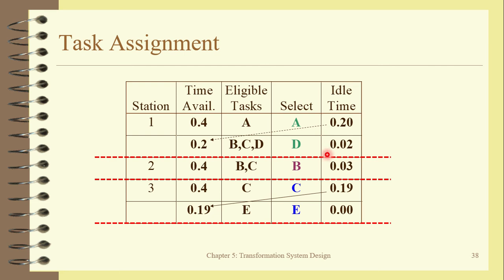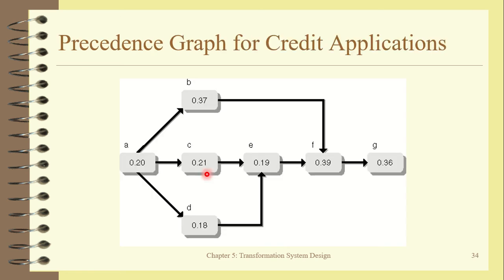So the remaining time of the workstation is 0.2 minus 0.18, which is 0.02, right?